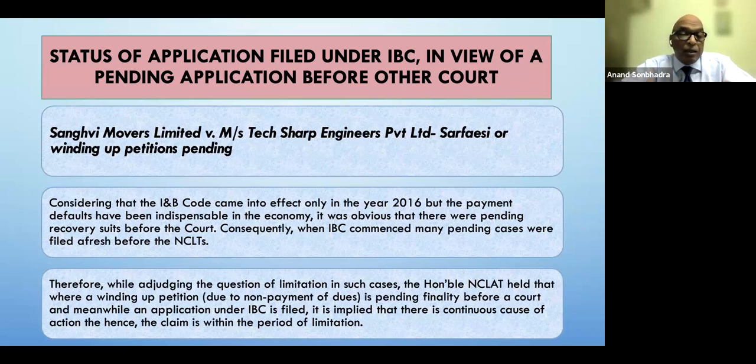So what we are saying is, the winding up and IBC proceedings have been held to be in continuation. Because of the continuation, the application will be considered to be within the period of limitation. This is very clear cut.